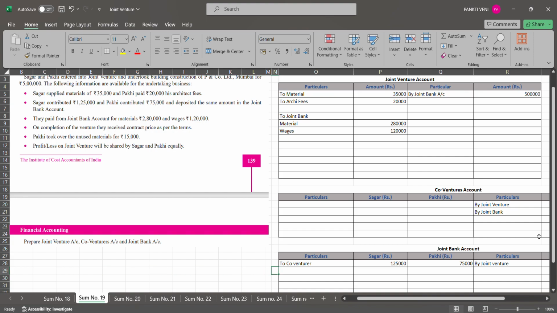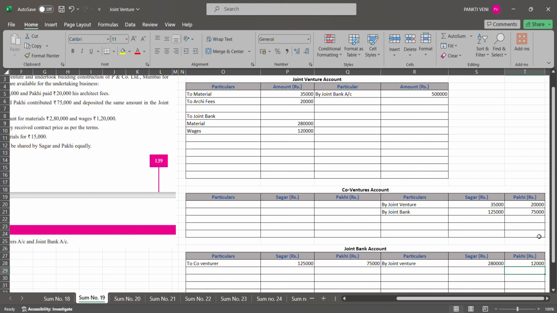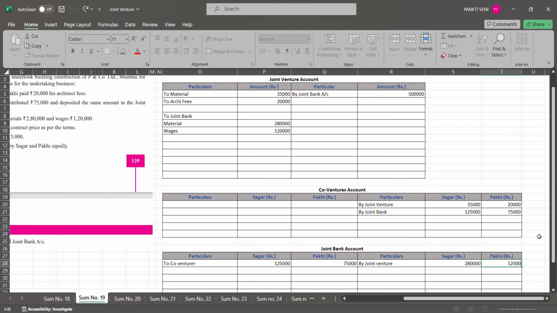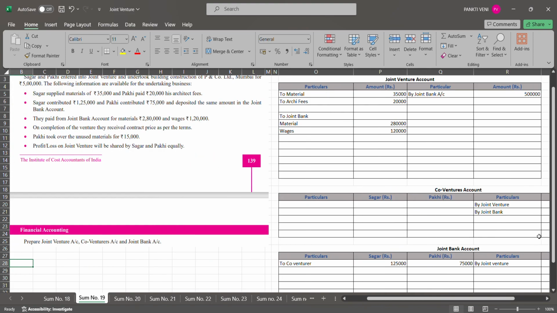So we'll have joint bank account, and under joint bank it will be by joint venture, 1,20,000 here, so 4 lakh, correct. Then we have the next entry.